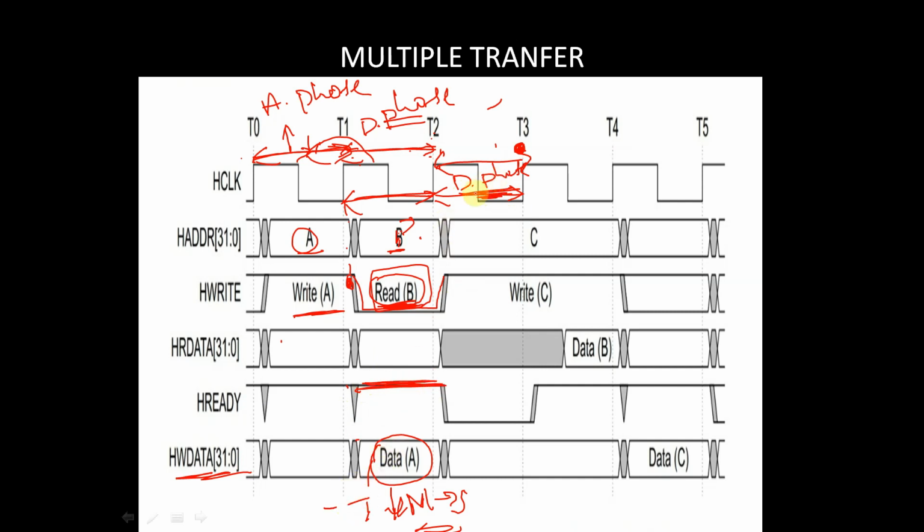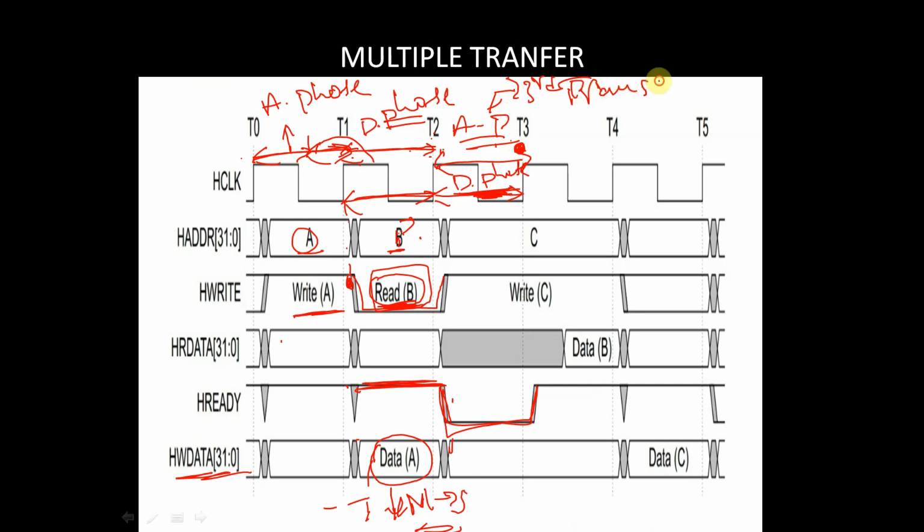And in the next clock cycle, that is in the data phase, we can see HREADY is becoming low, which indicates that the slave is not ready for any transfer. So during this data phase, this T2 to T3 will also act as the address phase for the third transfer.